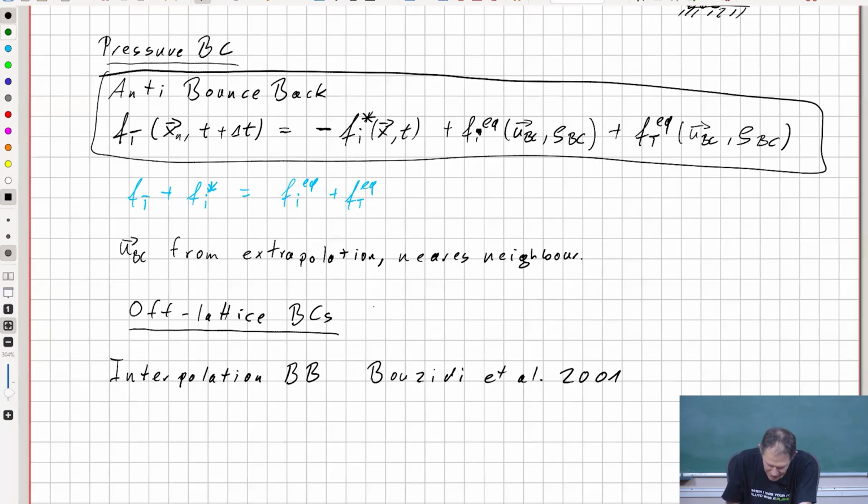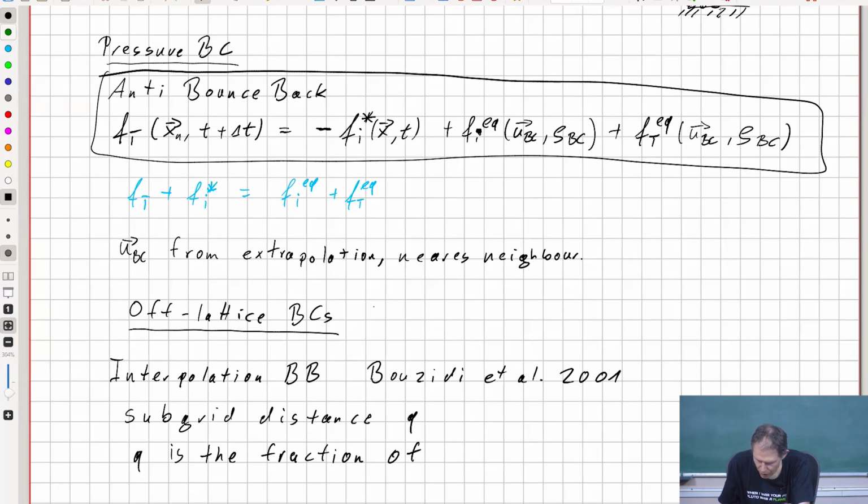So his idea was to introduce a subgrid distance that he called q, and q is the fraction of the distance e_i, so this is the vector of this particular link, times delta x.